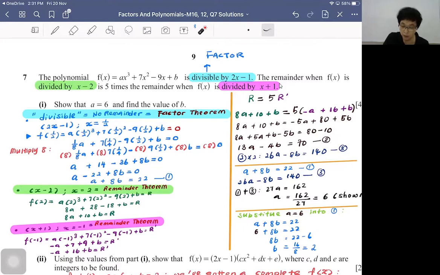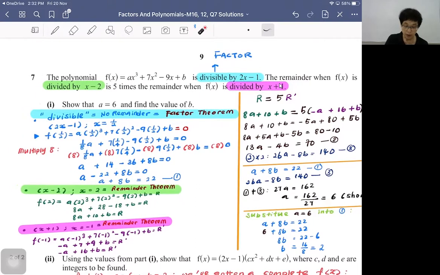As the one I highlighted in blue, which is divisible by 2x minus 1, as what I have noted here, the keyword divisible is actually telling us no remainder at the end of the division, and that is also invoking the factor theorem.